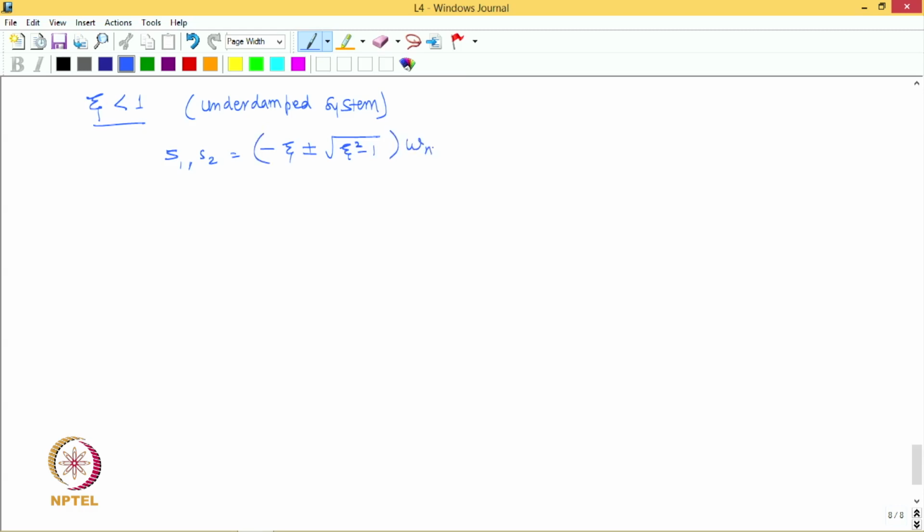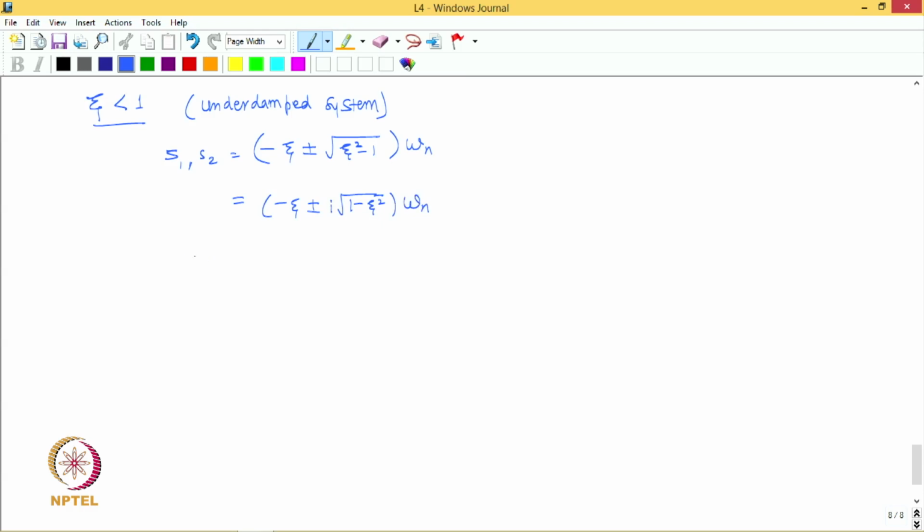Because zeta is less than 1, zeta square minus 1 is negative, which makes this square root a complex quantity, and therefore we can write this as minus zeta plus minus i square root of 1 minus zeta square times omega n. That is how we can write it down.